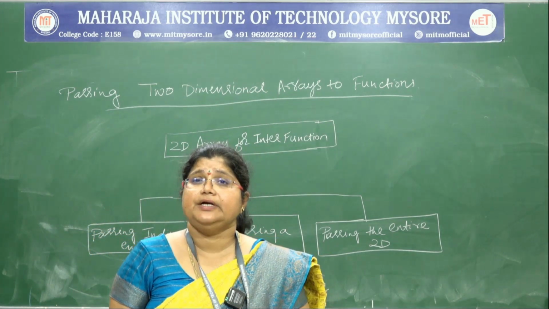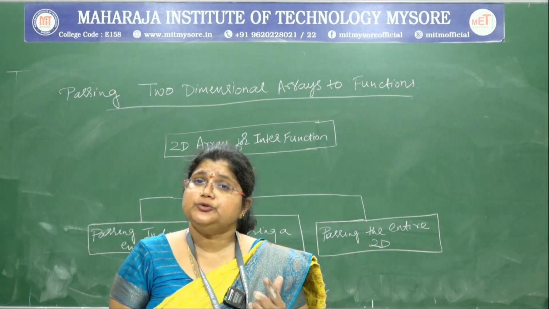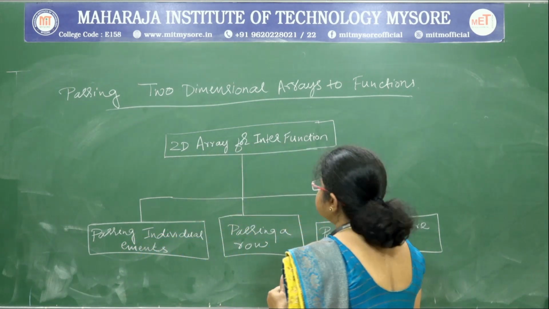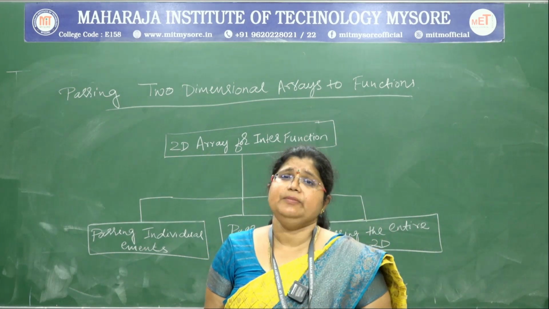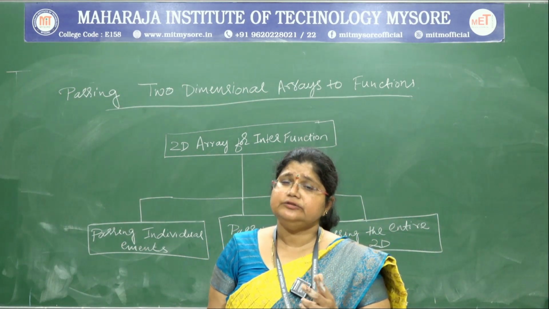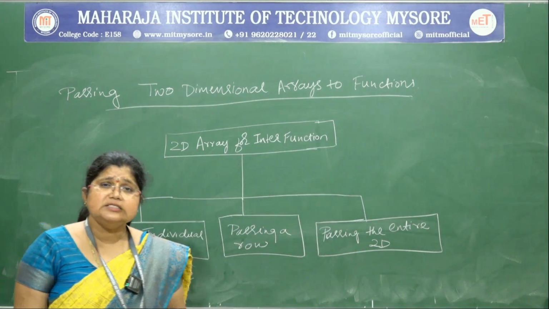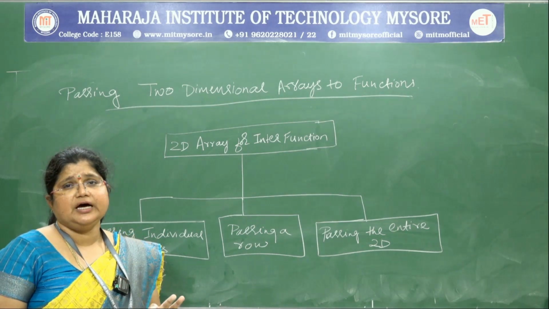While passing parameters to the function, the parameters are two-dimensional arrays. So whenever we are passing two-dimensional arrays to the function, we are going to pass the elements of the array in three ways. The first one is we can pass the individual elements of a two-dimensional array to the function.